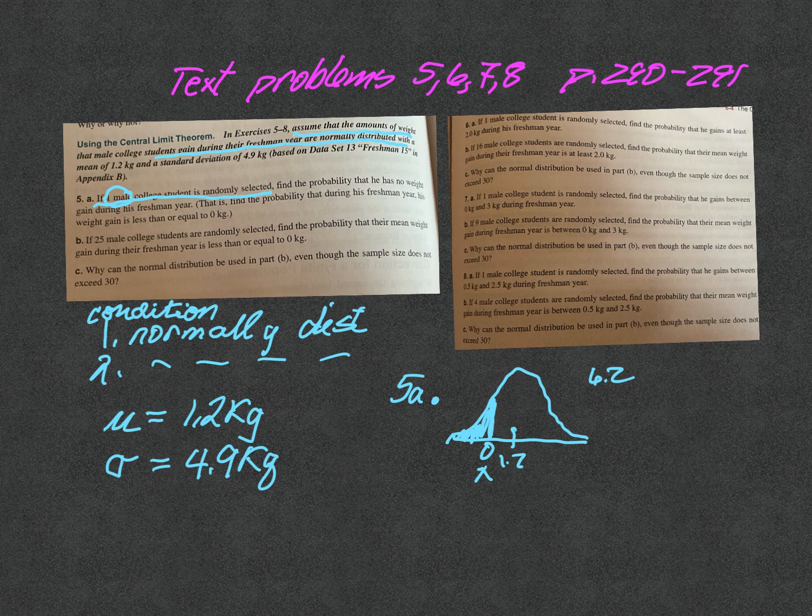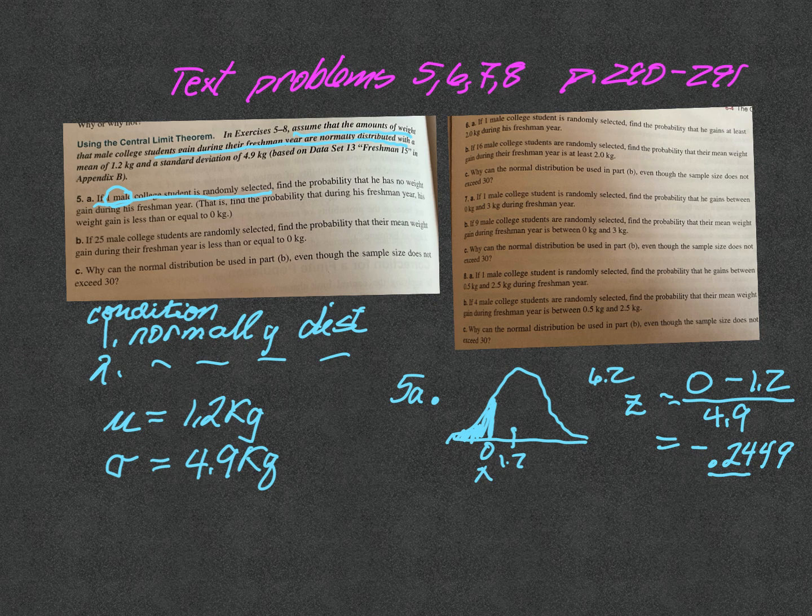All I have to do is find the z-score of this particular data, which will be 0 minus 1.2 divided by the standard deviation, 4.9. And that is going to equal, and so that z-score is negative 0.2448. But if I use a table, I don't go beyond these two values anyway.